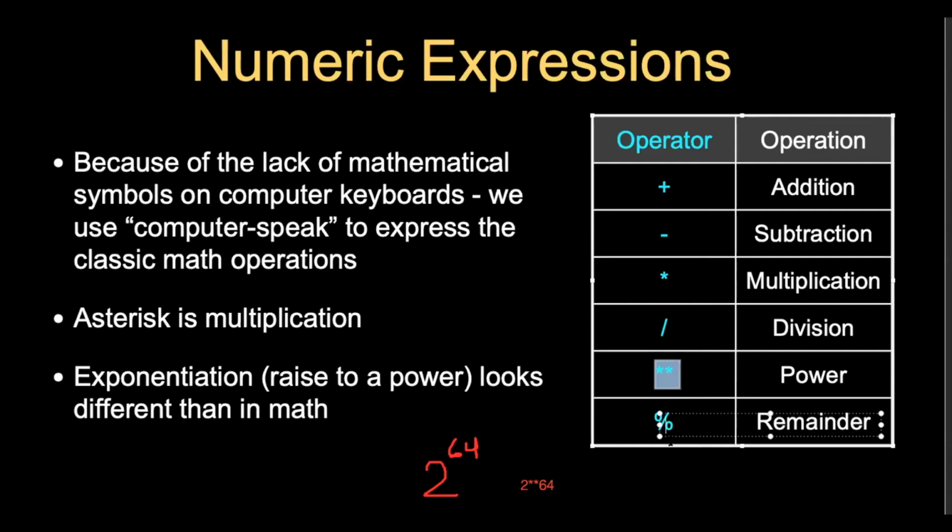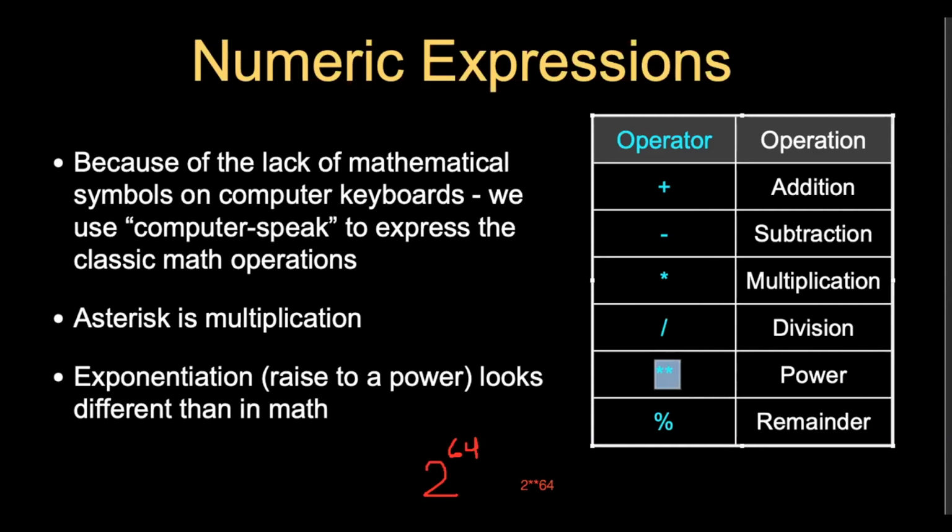And what about this? What do you call these things? Percentage sign, modulus. Yes. So what does that mean? Well, remember when you divide a number by another number, you get two things, right? One is the quotient, and the other one is the remainder.